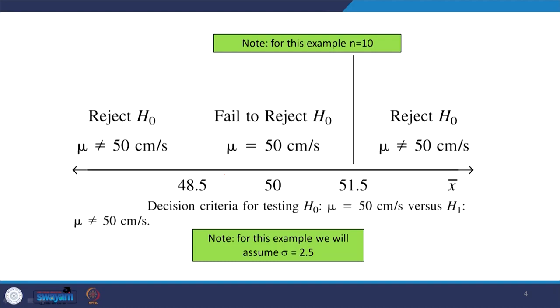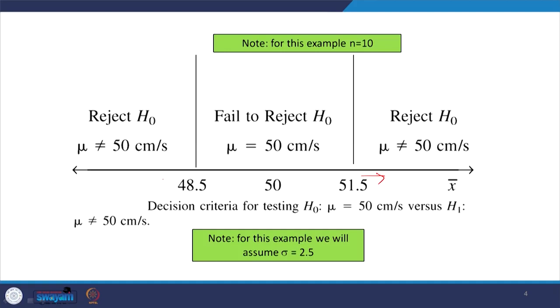Suppose I am following the confidence interval method. I have found the lower limit is 48.5 and the upper limit is 51.5 when mu equal to 50 centimeters per second. If the sample mean is beyond 51.5, I will reject the null hypothesis.